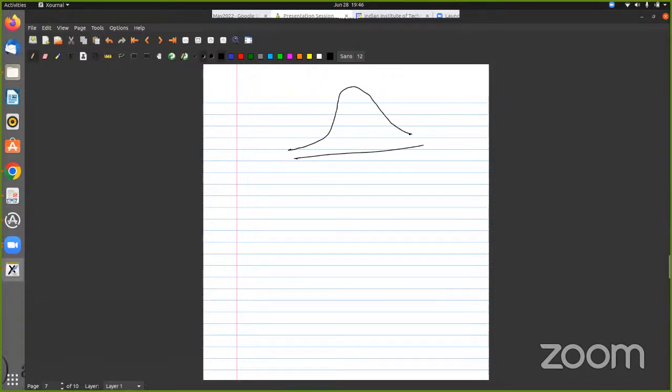Before that, the mod of z is greater than alpha. Now, can we really write it independently? Z is greater than alpha, or minus z is greater than alpha.